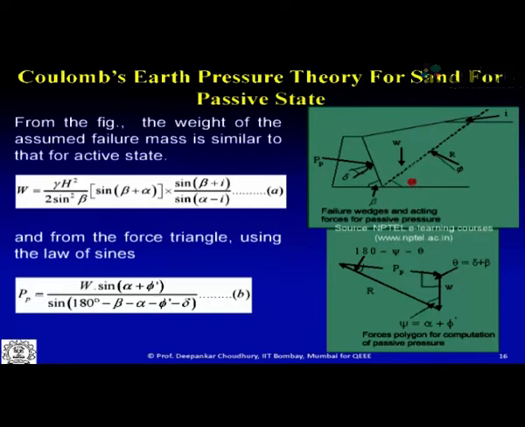Now how do we get the design value of passive earth pressure? As I said, for the passive case we have to optimize towards the minimum value of PP, because that is the most critical condition, since it is the earth resistance which is provided to the wall. So to get that, we can again assume many failure planes like this from this heel point at different values of alpha. If you do that, the value of alpha at which you get the minimum PP gives you the design value of passive earth pressure.